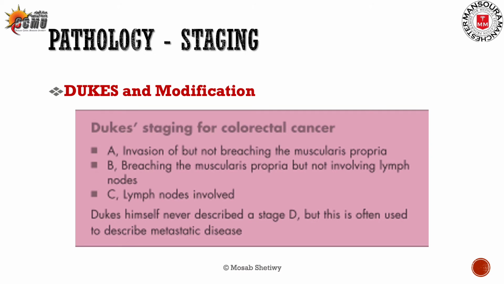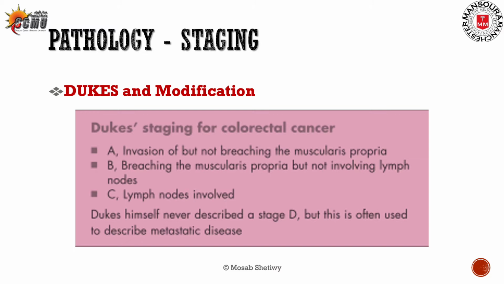Dukes was a pathologist at St. Mark's Hospital in London. In 1932, he gave these three stages, A, B, and C. He staged colorectal carcinoma as A if the invasion doesn't extend into the muscular layer of the wall, meaning it just involves the mucosa or submucosa.